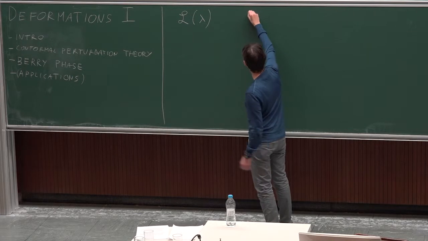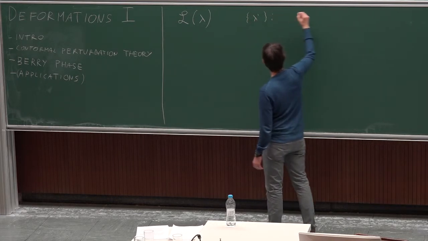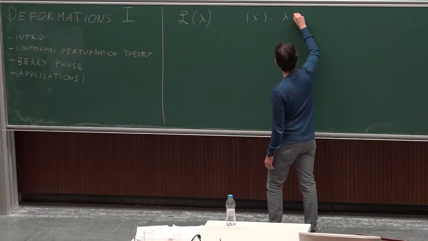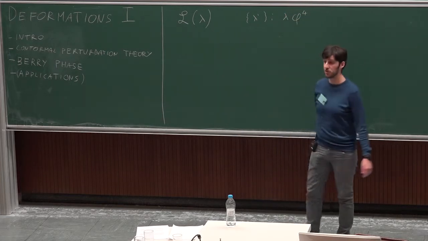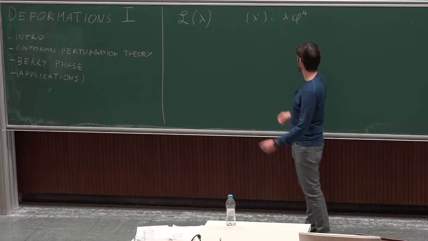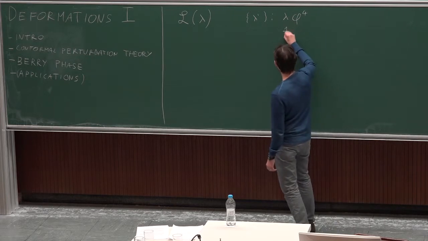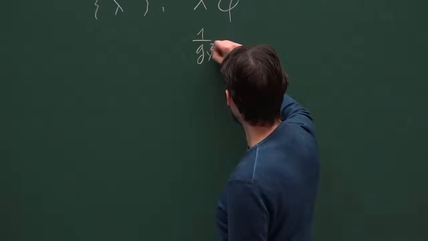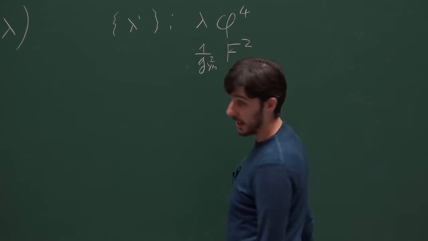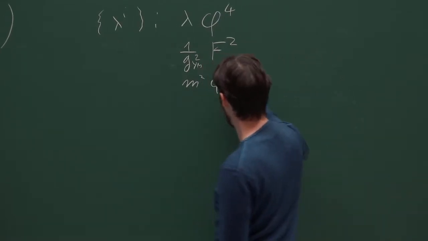And just to give you a few examples of possible lambdas, you have the lambda phi to the 4th interaction in 4 dimensions, where that is the inspiration for this symbol. But it could be like a Yang-Mills coupling constant in a gauge theory, or maybe even mass parameters.